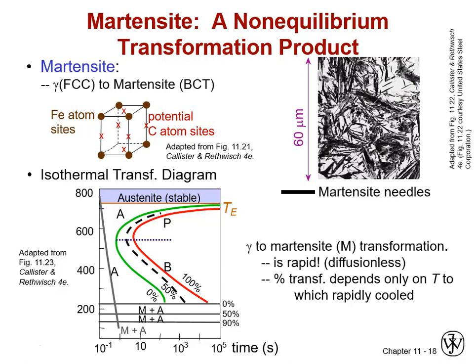This can happen to an extreme extent if we rapidly cool iron. What we'll do is effectively trap a tremendous amount of that carbon in its non-equilibrium position and force the iron atoms to rearrange around it in what's effectively a completely different crystal structure than it wanted to achieve.